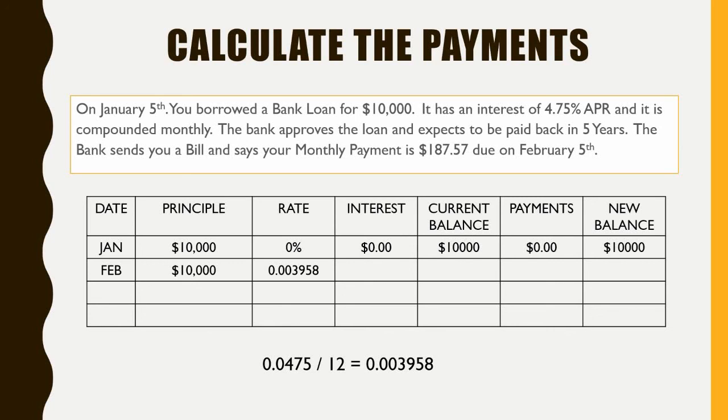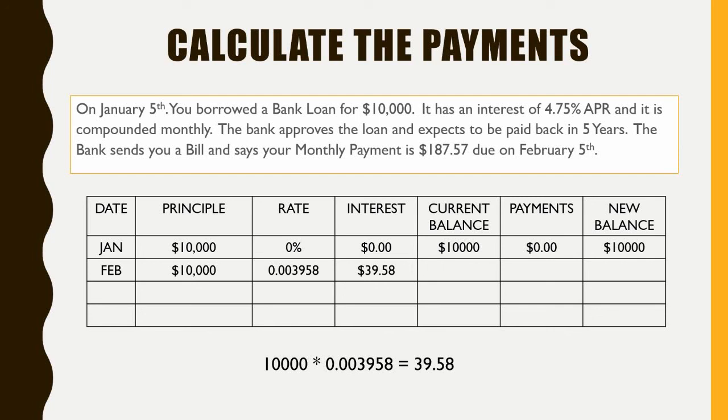So that's where that number comes from, by dividing it by 12 months. And I'm going to multiply my principal times my rate to get my total interest for that month. So in this case, I'm going to be tacking on $39.58 because that's how much I agreed to being charged interest for borrowing $10,000.